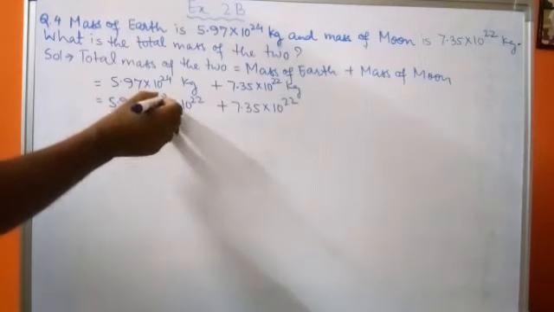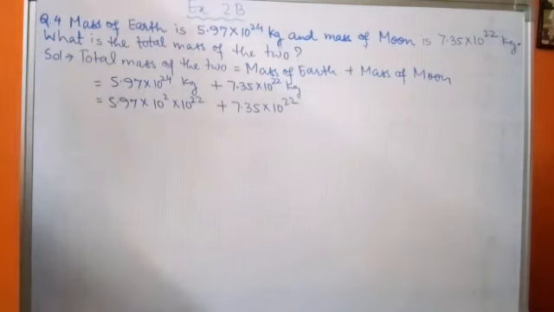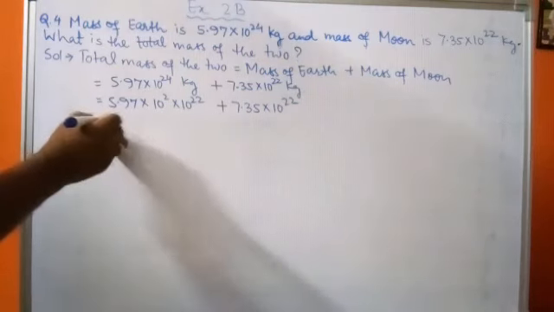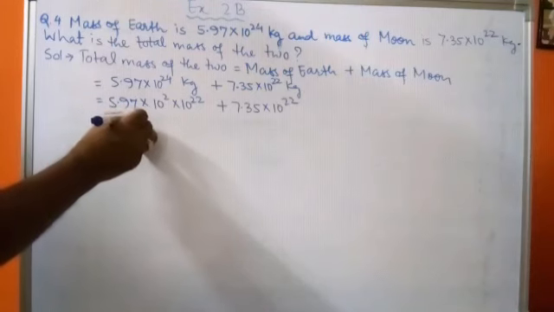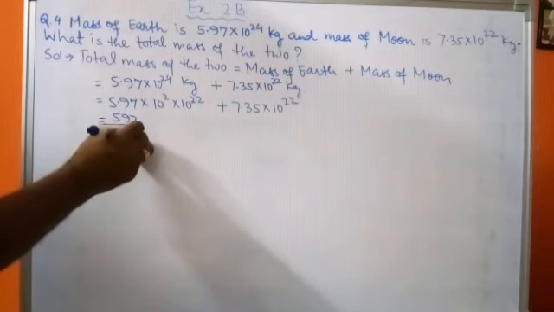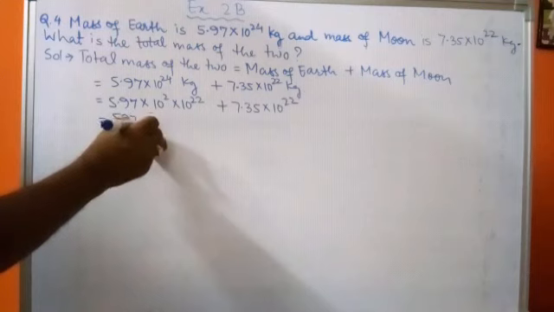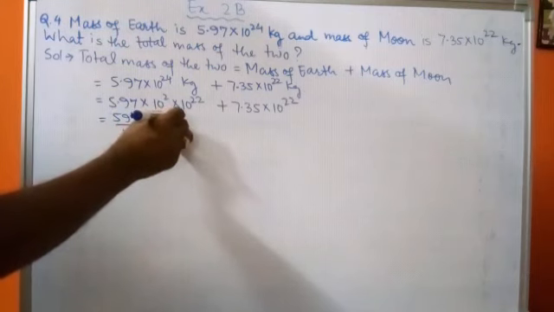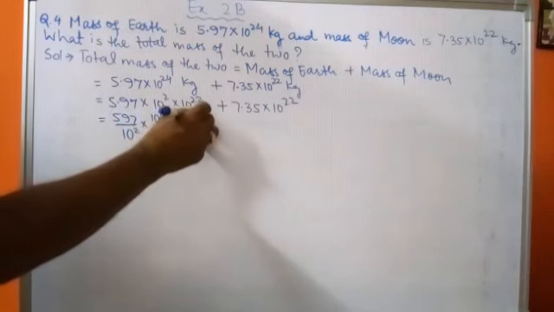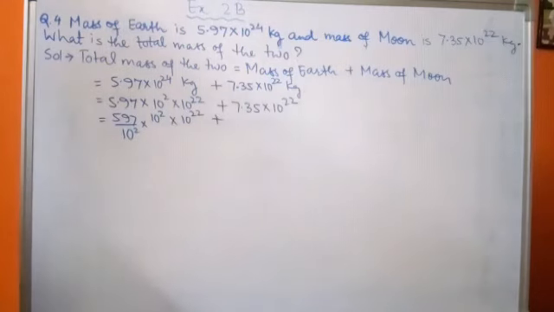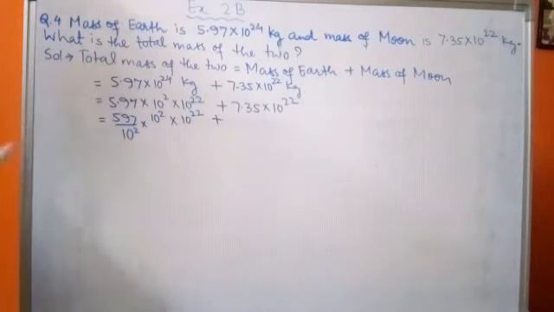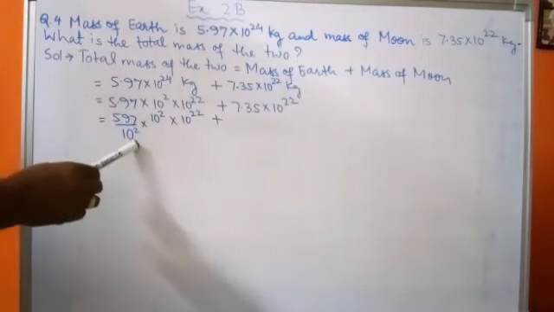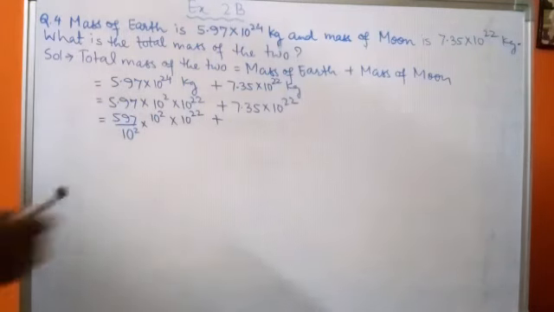Now this 10 to the power 2 is shifted to this number so that it becomes 597 by 10 to the power 2 into 10 to the power 2 into 10 to the power 22. Remember, this decimal number is to be changed into a by b form, where b is to be changed into exponential form.